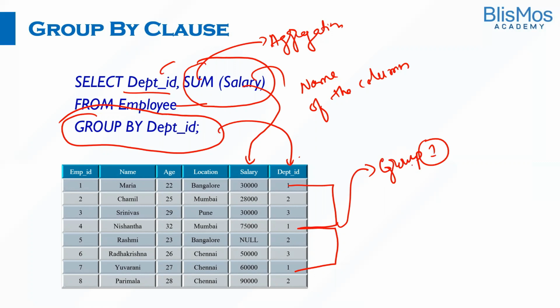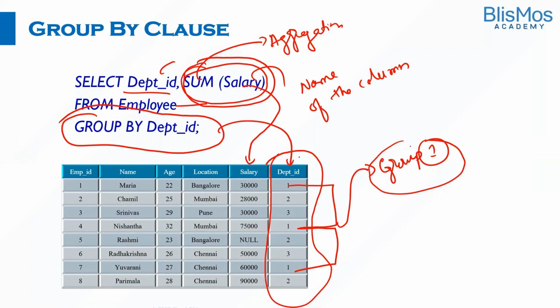In this group, it will go and find the sum of the salaries. Within each of the groups, this aggregation function will be applied. So now we are saying sum of the salary. Group 1 is department ID 1. In this group, it will take 30,000.